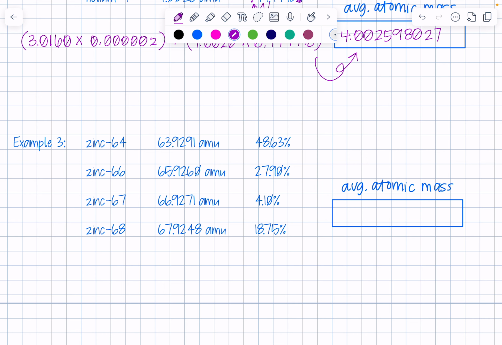So remember, step number 1, we got to get to decimal, get rid of our percents. There we go. And zinc 64, zinc 66, zinc 67, and zinc 68 all get their own set of parentheses. There's 1.